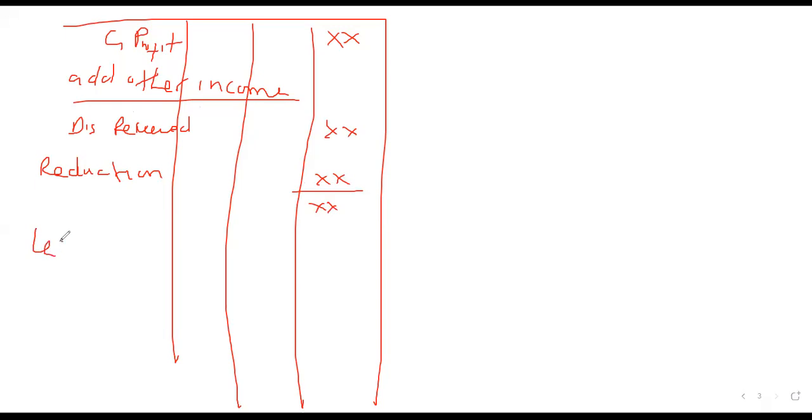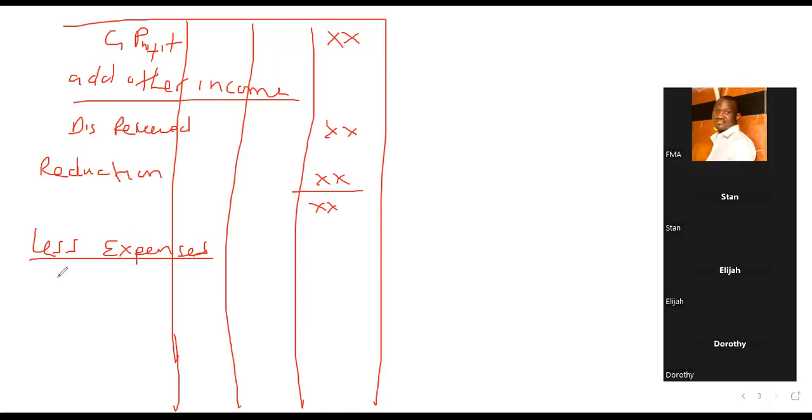Then we can list what we call operating expenses. These expenses can be subtracted. When we subtract our expenses from there, what we get is called the net profit. What expenses do we know?